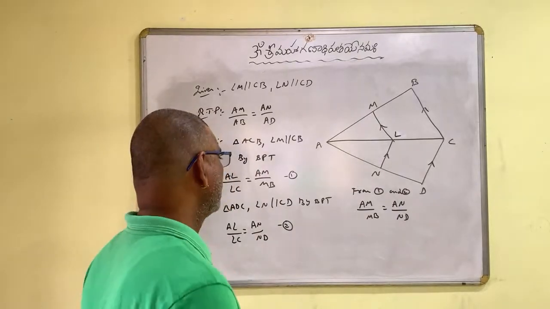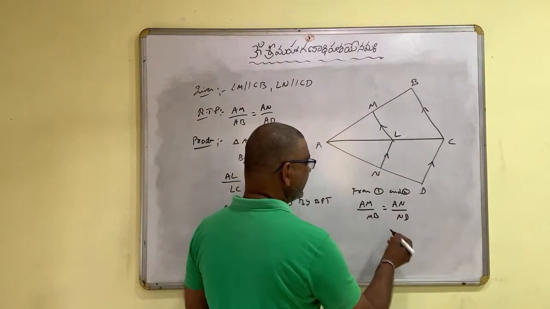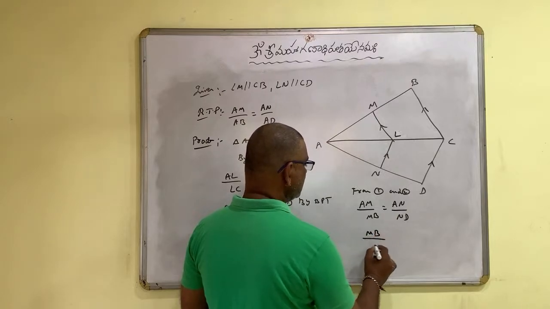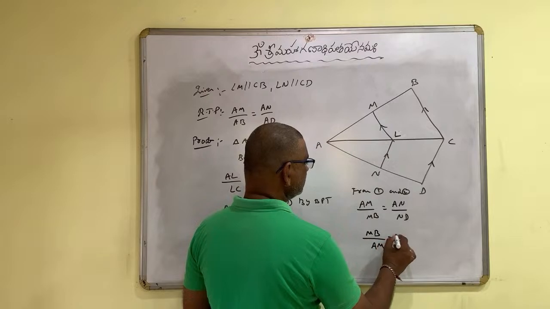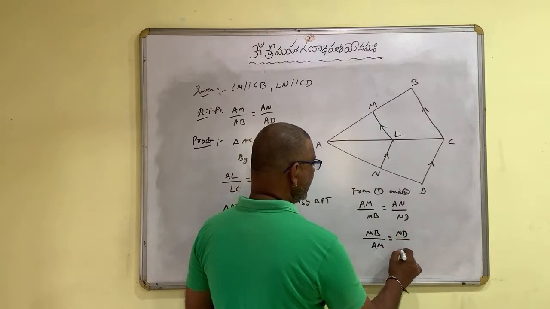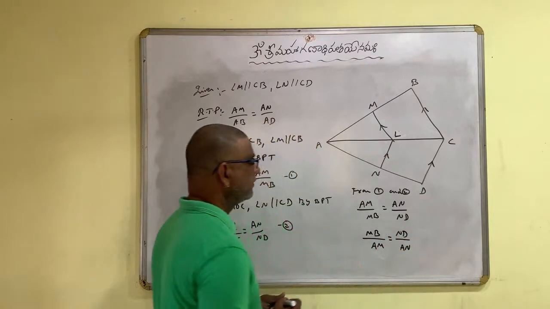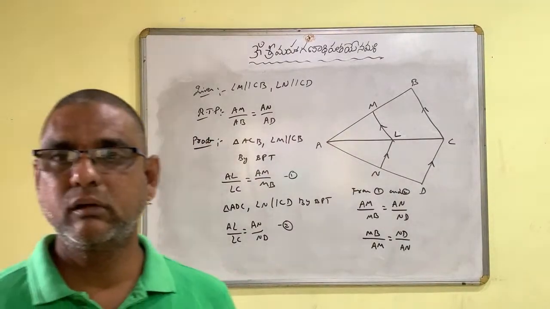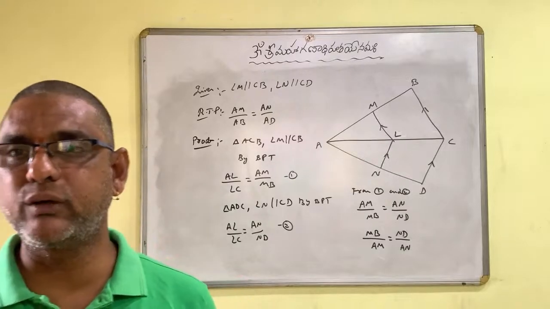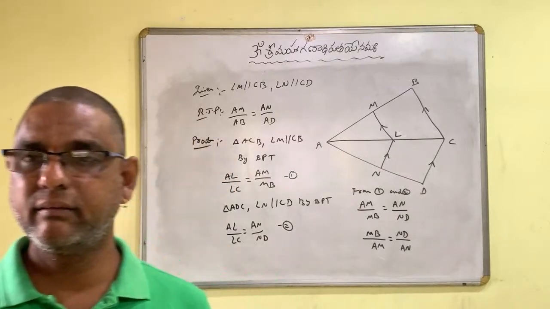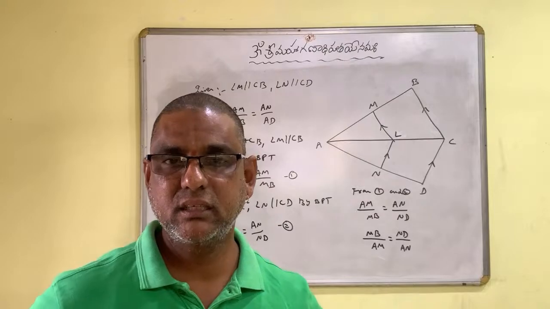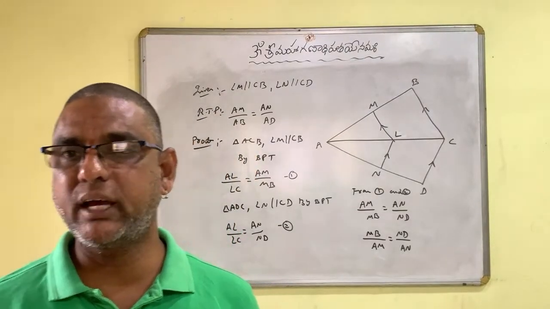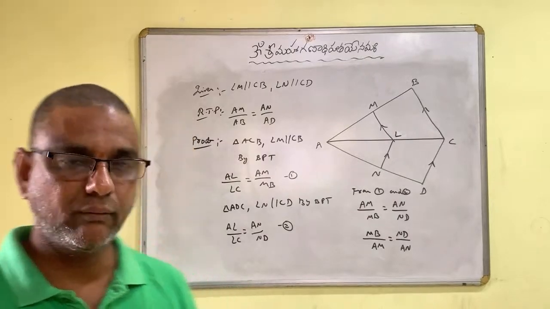Yeah. So what we have to do is just we need to reverse the ratios. We need to write the reciprocals of the given ratios. After getting AM by MB is equal to AN by ND, just reverse it. Take the reciprocals. If two ratios are equal, the reciprocals are also equal.